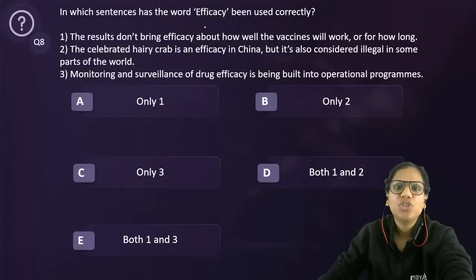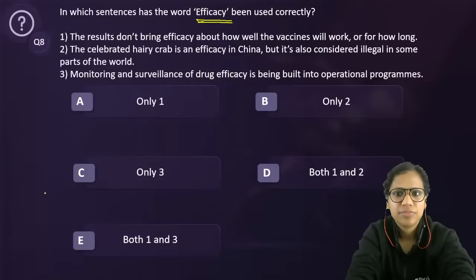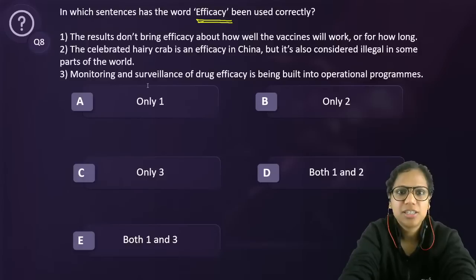Okay, now tell me in which of the sentences the word efficacy has been used correctly. Yes, in which of the sentences has the word efficacy been used correctly? Let's see, read the sentences.